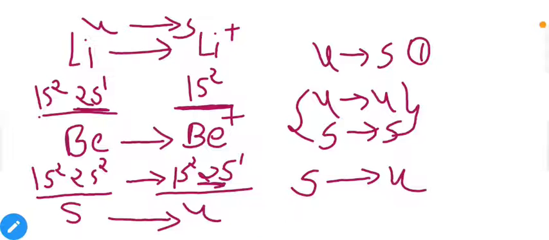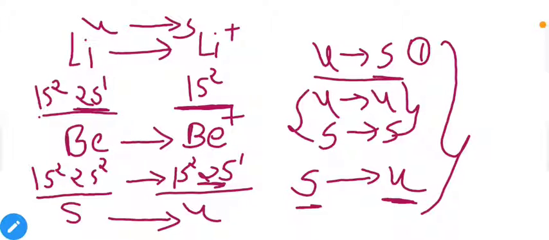That means if initial states are stable and final states are unstable, these types of reactions always require energy, and they are most difficult if we compare these three different categories. So the easiest reactions are unstable to stable change, and the hardest reactions are stable to unstable change.